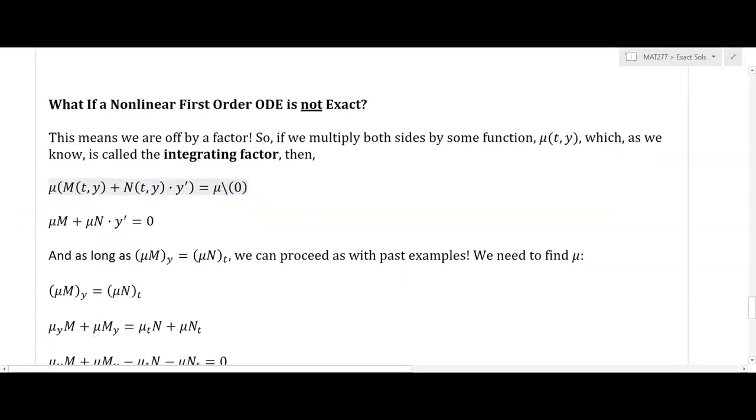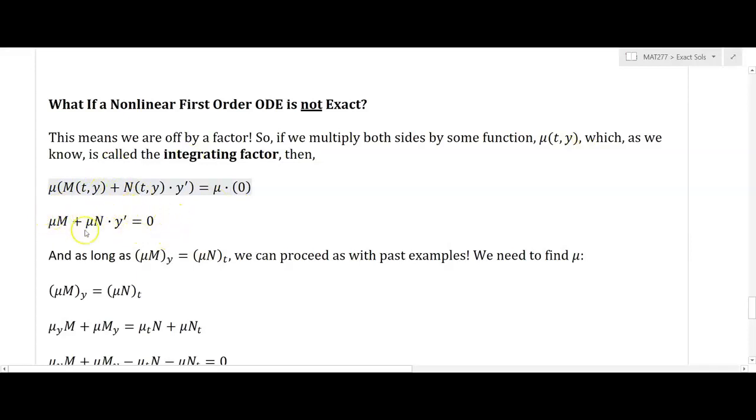I'm just avoiding the extra notation here, so we'll just keep it as mu. And so when that distributes through, we'll have mu m plus mu n times y prime equals 0.